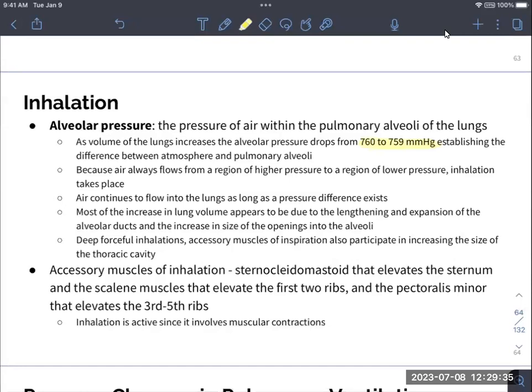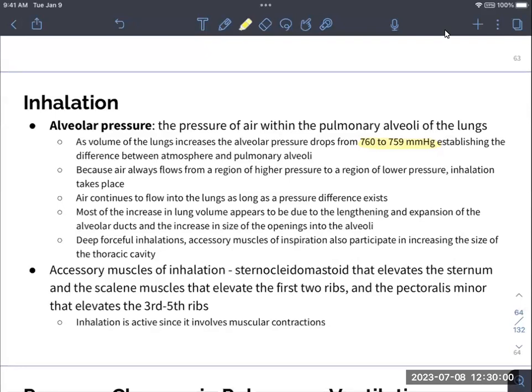It was mentioned in your Anatomy 1 class that particles, or in this case, air and pressure, like to move from an area of high particles or pressure to an area of low particles or pressure. So it kind of likes to try to even everything out.